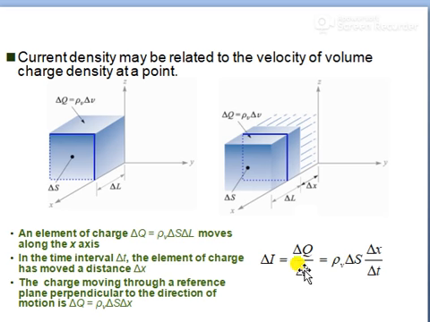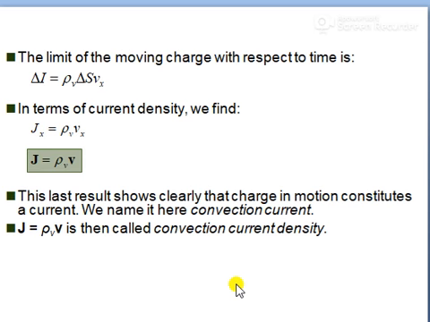So that is how we get this equation. Now in the limit of moving charge with respect to time, del I is equal to rho v del s vx. So in terms of current density, we find Jx is equal to rho v into Vx, or you can say J is equal to rho v into vector V.